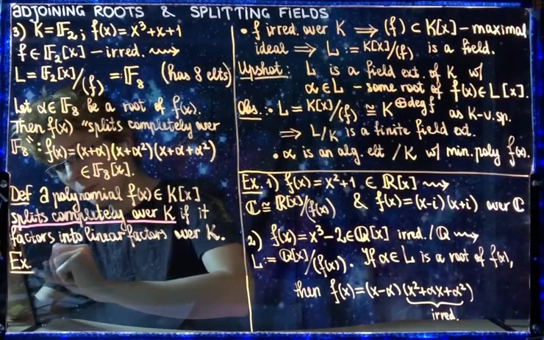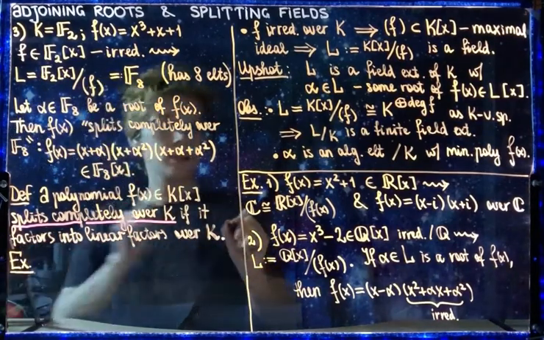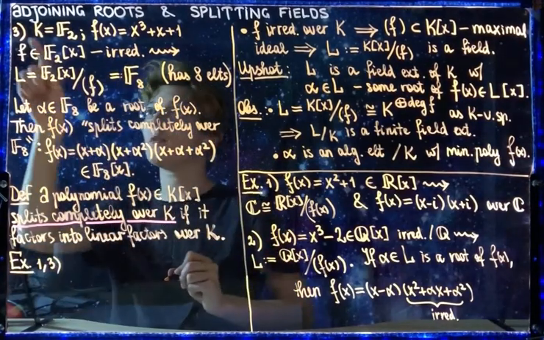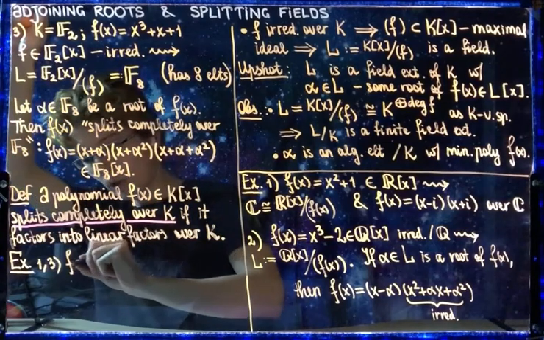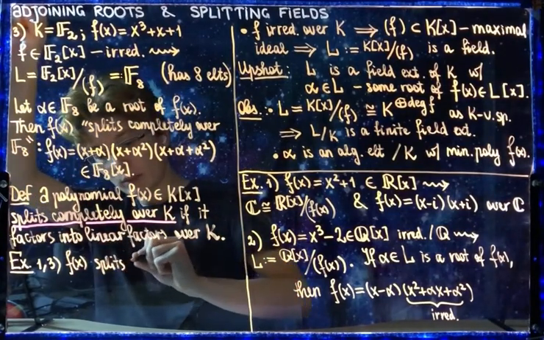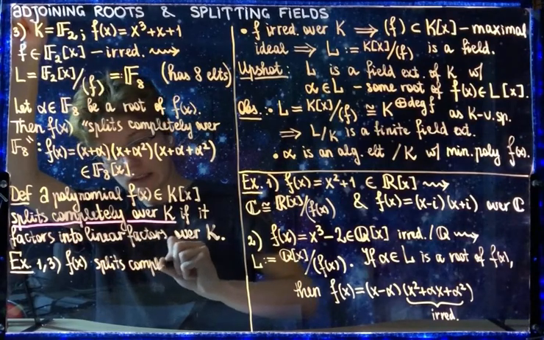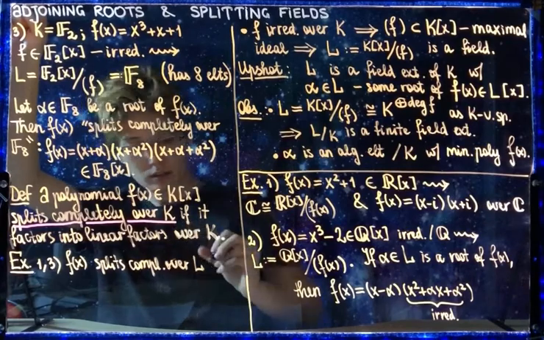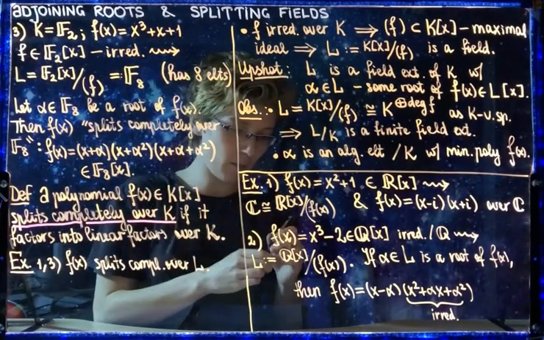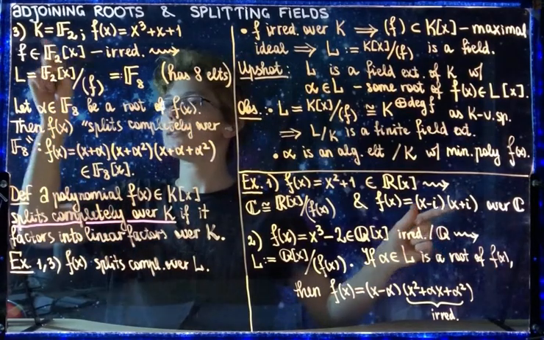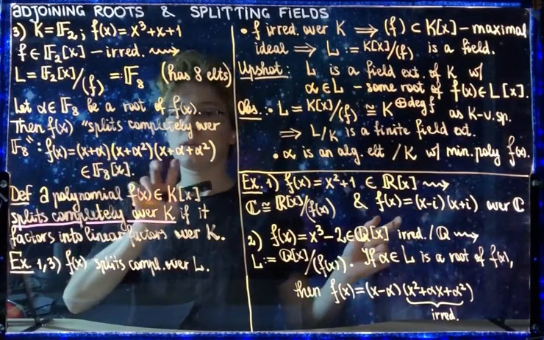So for example, in number 1 and number 3 here, our polynomial f of x splits completely over the field extension L. So in the first example, we have a product of 2 linear factors, and in the third example, we have a product of 3 linear factors.